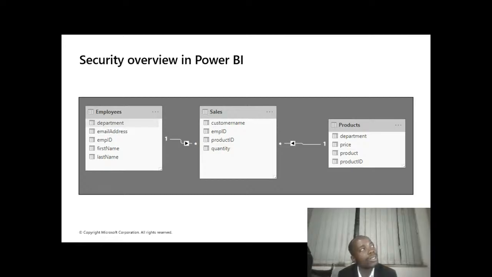So you create your formulas there, where you then define the roles to say in which department this person belongs. You create your reports, you create your roles in the reports, and you deploy the reports and assign people to those roles so that people will have access to only the content that they want.